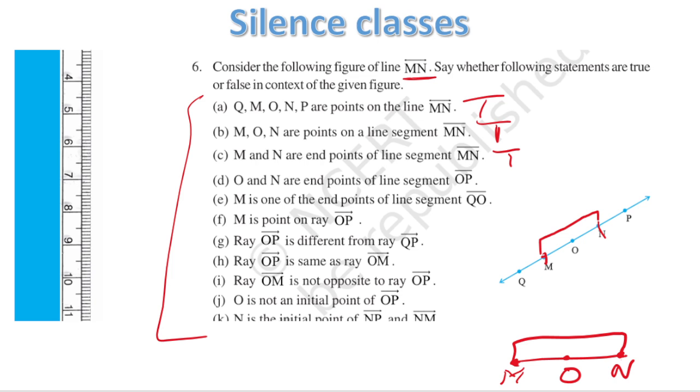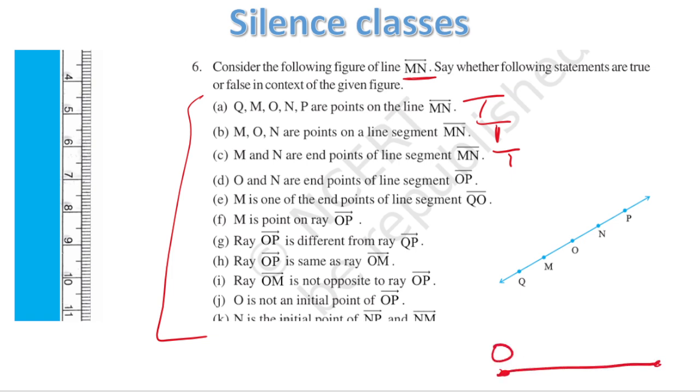Now what statement number 4 is saying: O and N are end points of line segment OP. We are talking about line segment OP, and it is asking about N. N is marked over here.